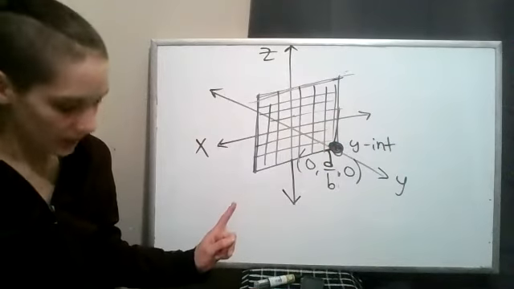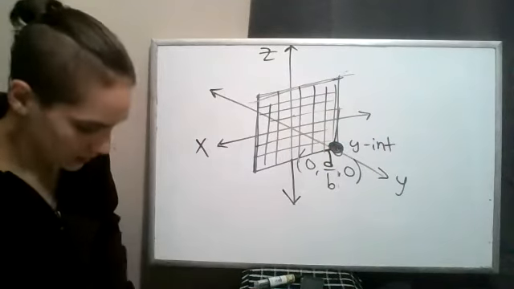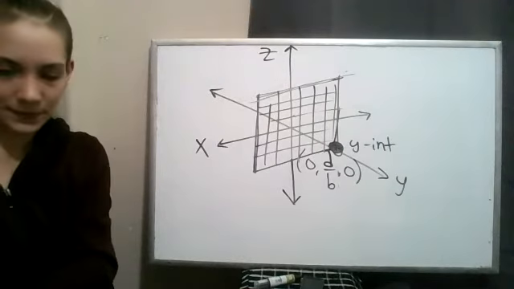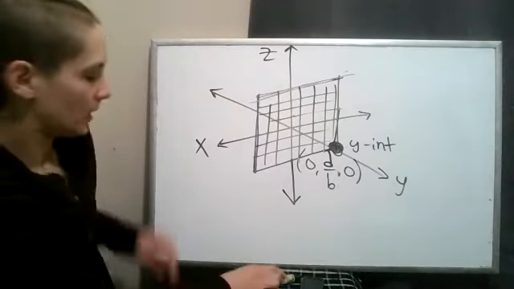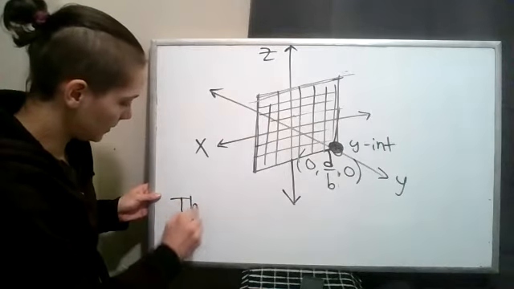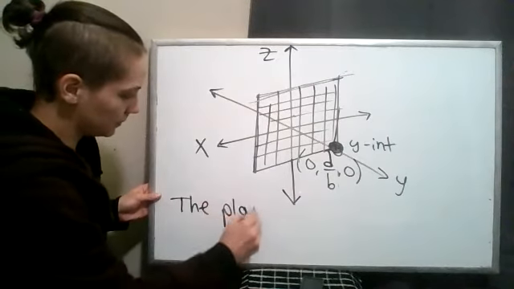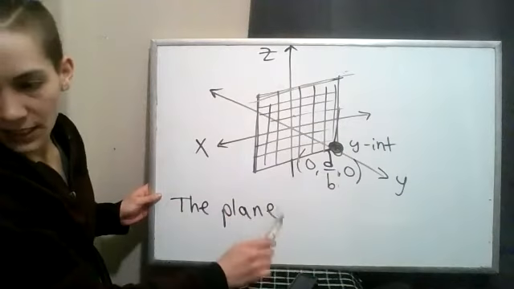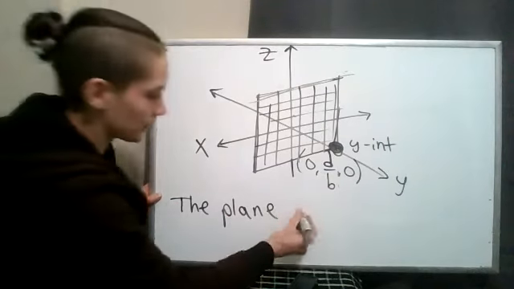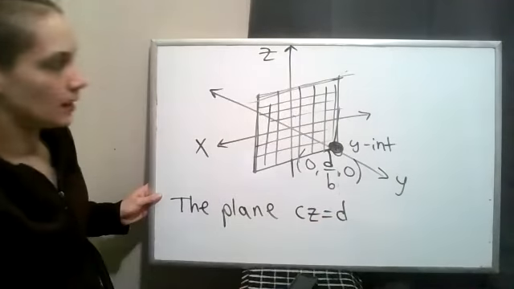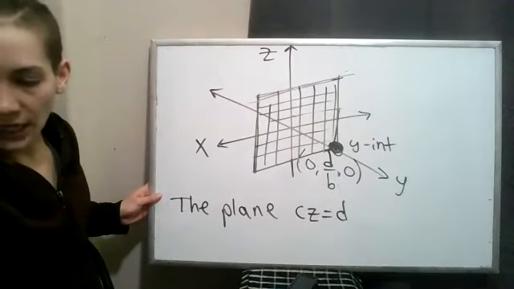And there's one more with the z-intercept. Last one, the plane cz equal to d is parallel to the xy plane.